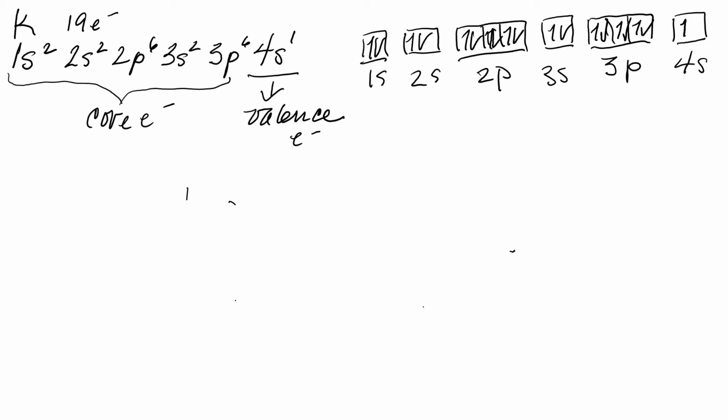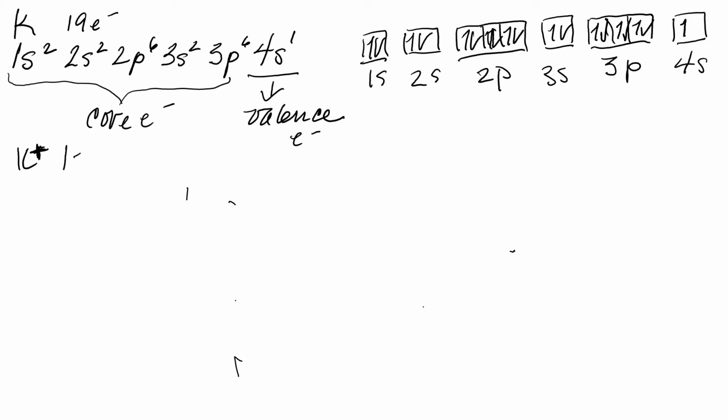So now let's look at the potassium ion. Potassium, being in group 1A with that one valence electron, loses one electron to form the K plus ion. And the electron that is lost is that 4s electron.